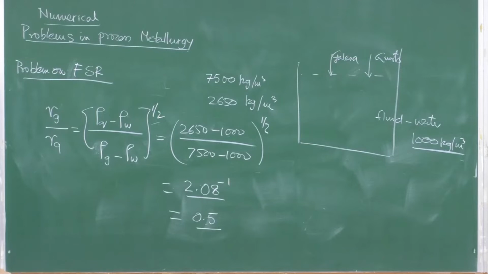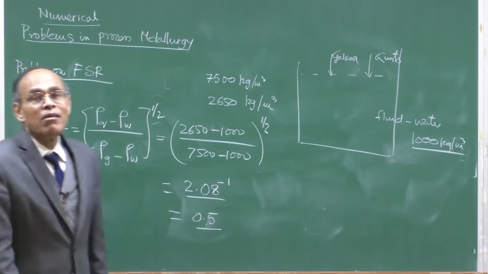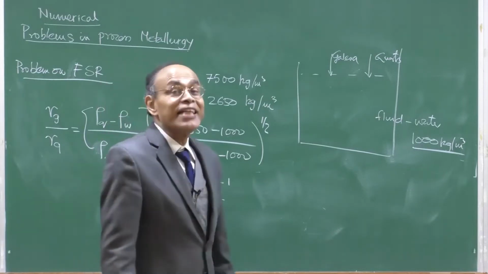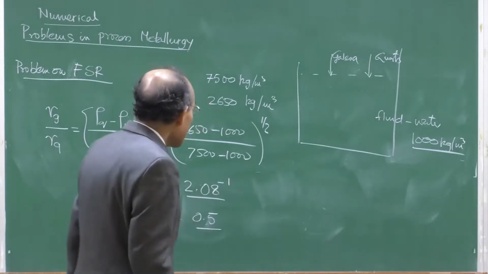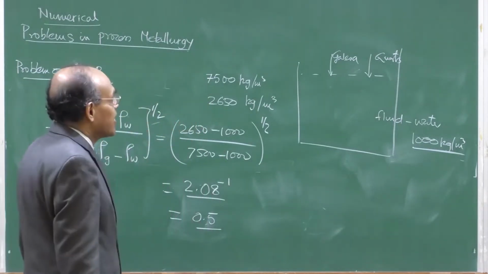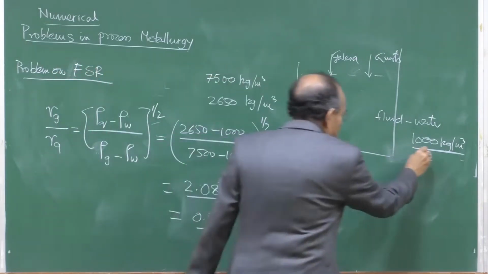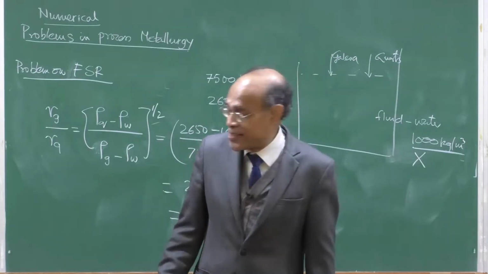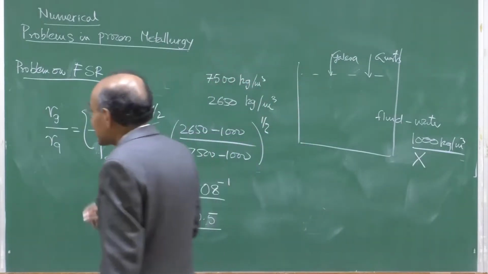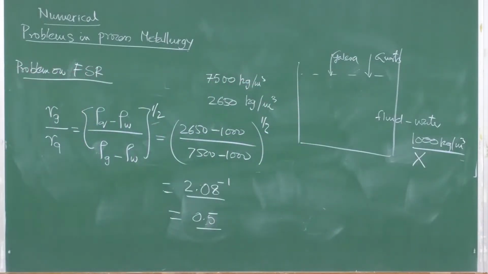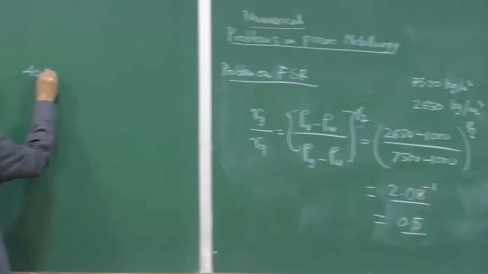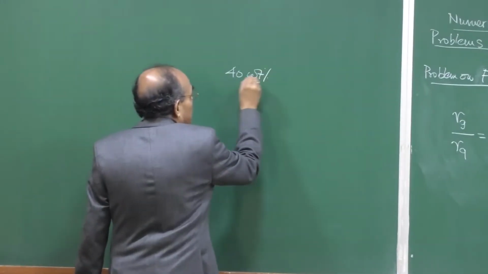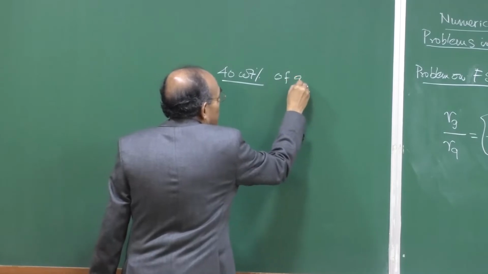Now, let us pose this problem, convert the same problem to what is known as the Hindered settling ratio. If we want to do it in Hindered settling ratio, we cannot use this. We have to use rho double prime, which is the pulp density. Now one thing is given, it is the same problem, the pulp contains 40 weight percentage of quartz.